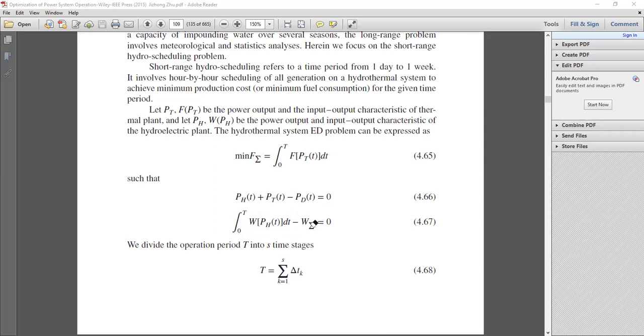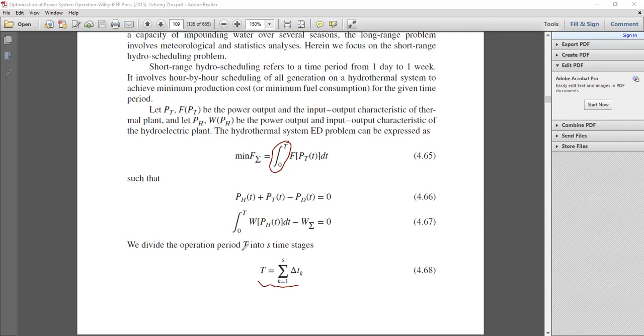Now for the ease of calculation, instead of this continuous form of integral, we simply transform this integral into discretized form. Instead of t, we take some indexing, small k from 1 up to s.